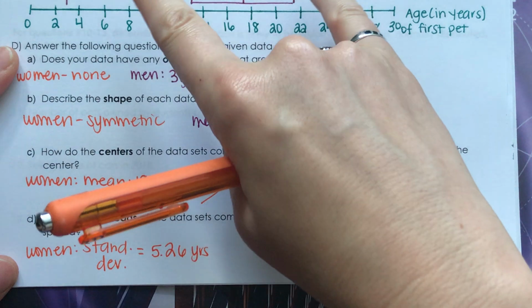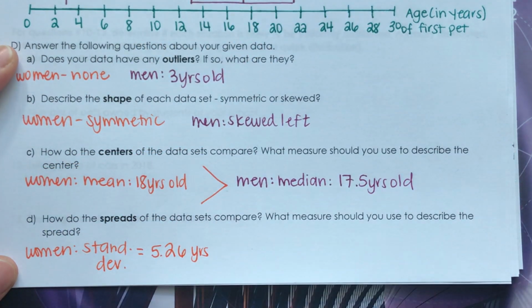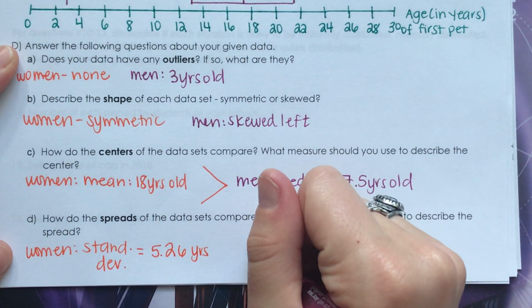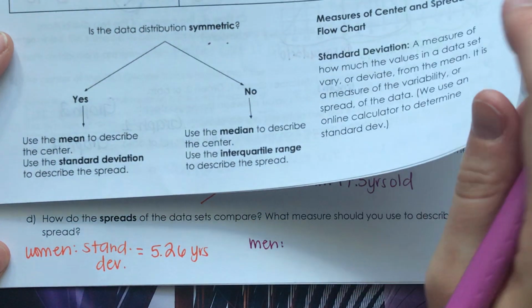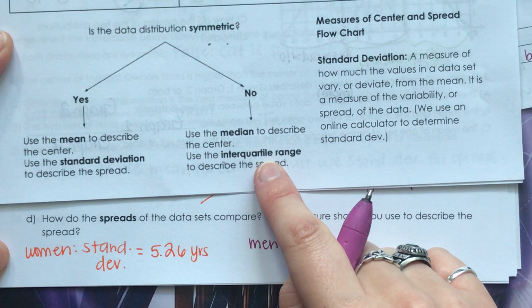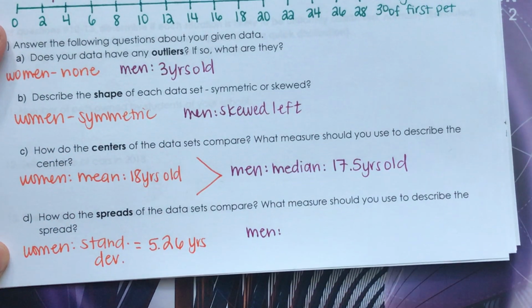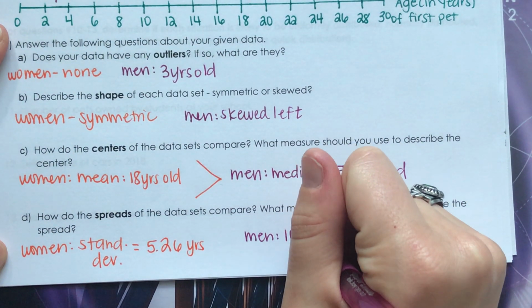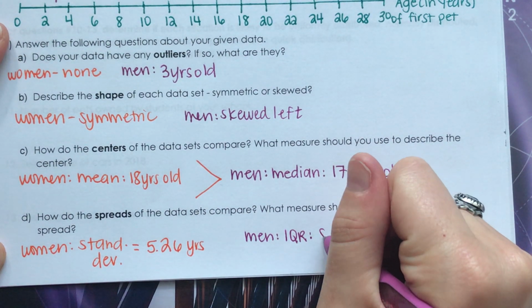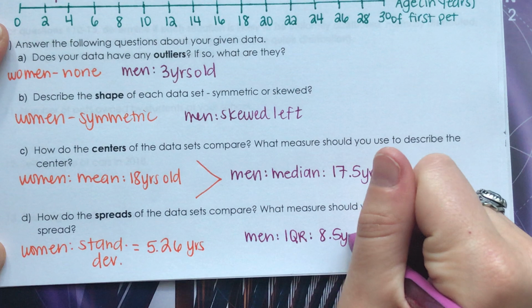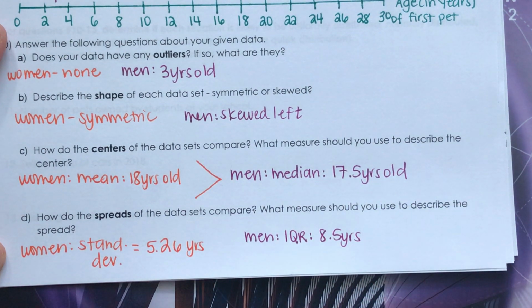So most of her data is very close to her center. For the men, because the data is not symmetric, I'm going to use the interquartile range. The interquartile range for the men is 8.5 years old is their spread.